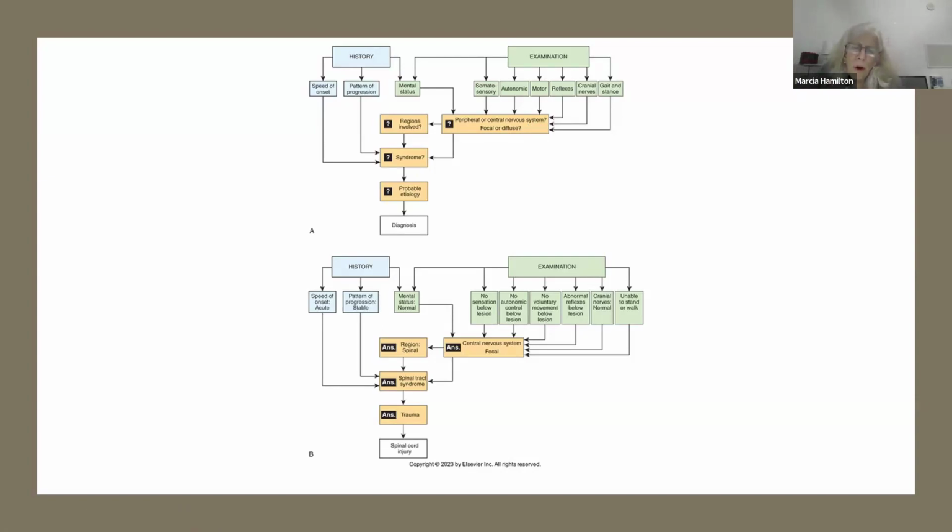Or would it be more a multitude of problems that we might see in dementia or Parkinson's disease? And then thinking about the probable causes and the diagnosis. So essentially, when we take into consideration all of these components, that's part of how we do our evaluation as an occupational therapist. Does that make sense to you?